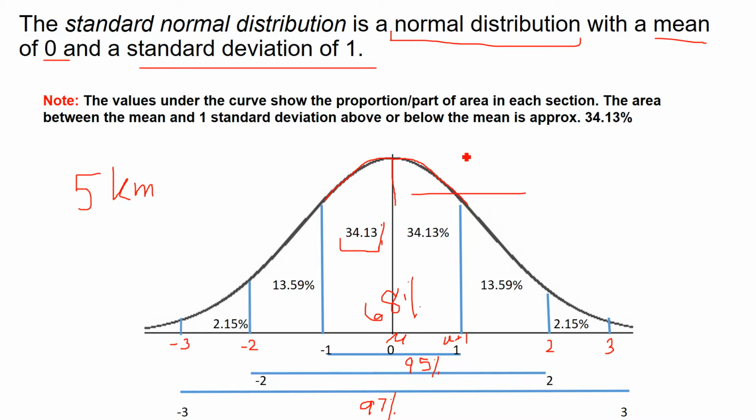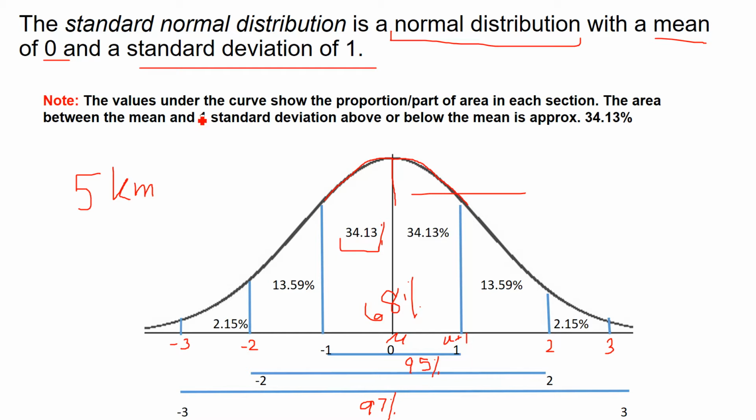In standard normal distribution, standard deviation is the unit. We will say one standard deviation above the mean. Same thing: we measure the distance from the mean, or whatever the number, in standard deviations.